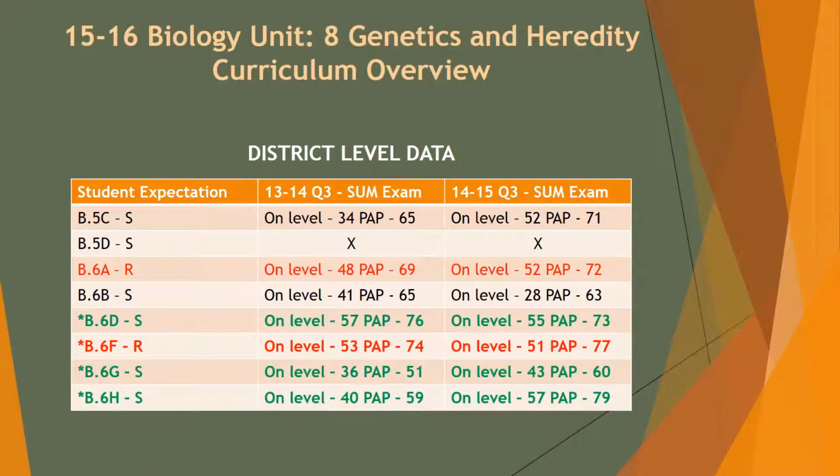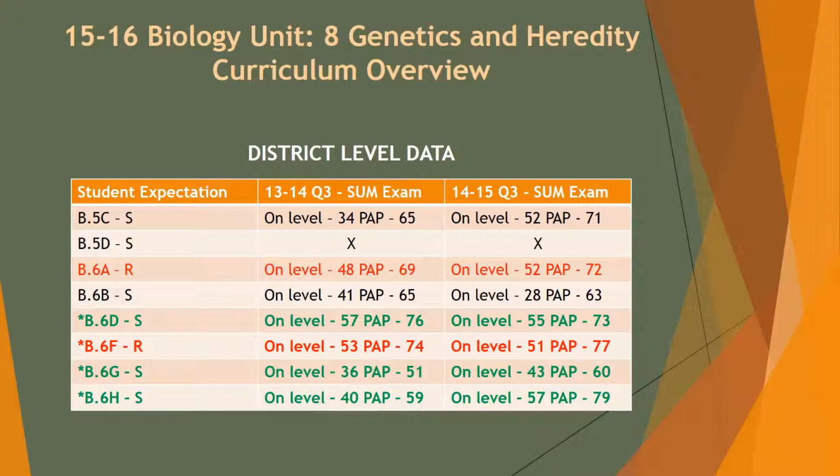So after we've viewed our unit overview and gone through our instructional focus document, we want to look at our district level data to see how we have performed, as well as look at your individual campus data to see how well you all performed on Unit 8 in prior years.